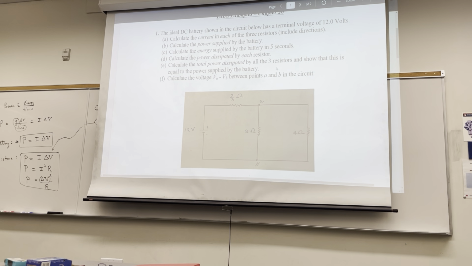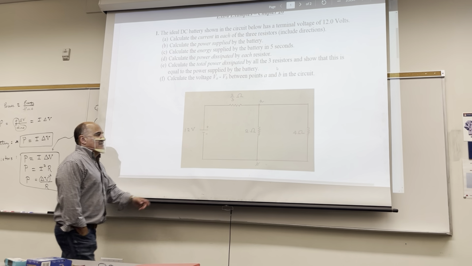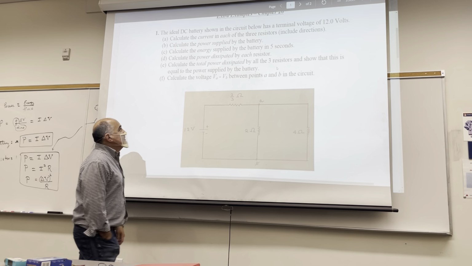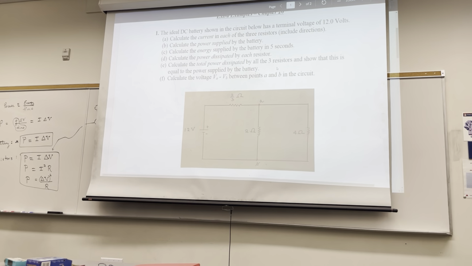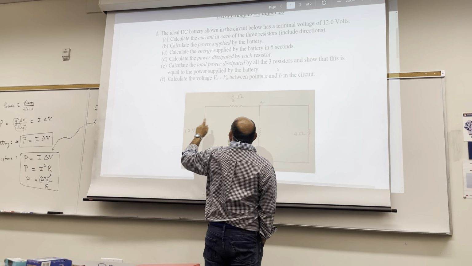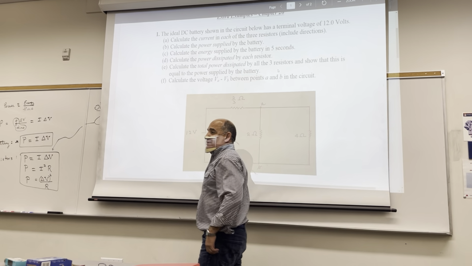D, what is the power dissipated by each resistor? So how much energy is each one of these resistors dissipating in 1 second? That's the power. E, what is the total power dissipated by all the 3 resistors? And we want to show that the power dissipated by these 3 resistors is equal to the power that's supplied by the battery.